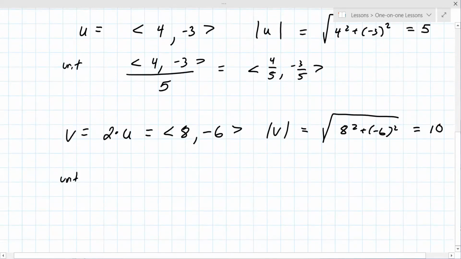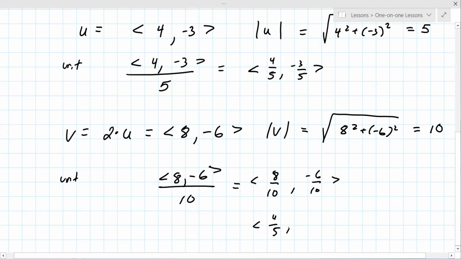Your instructor might have a different way of denoting this, but it's 8 comma minus 6 divided by 10, which becomes 8 divided by 10 and minus 6 divided by 10, which reduces to 4 fifths and minus 3 fifths. Okay. This is the same as the other one. Do you see that? They're exactly the same.